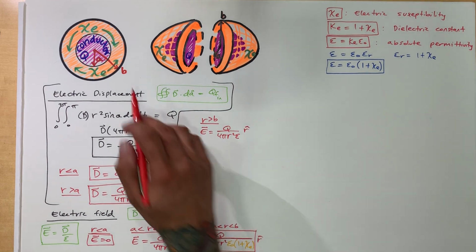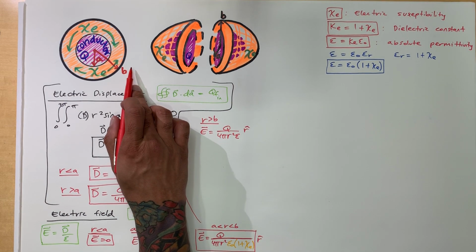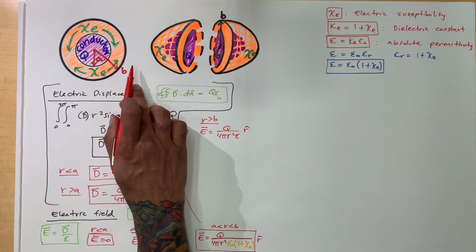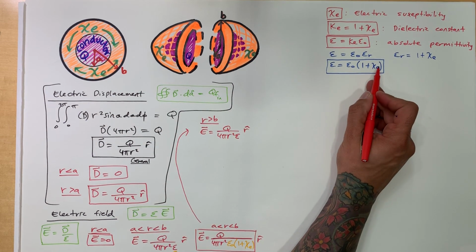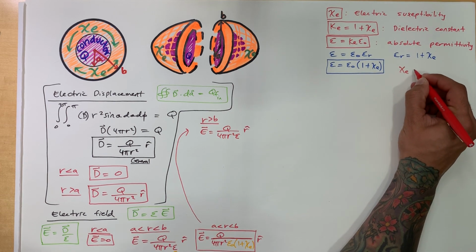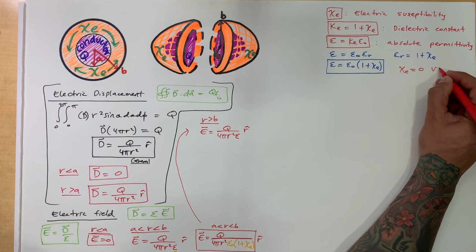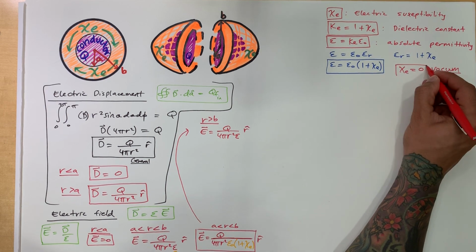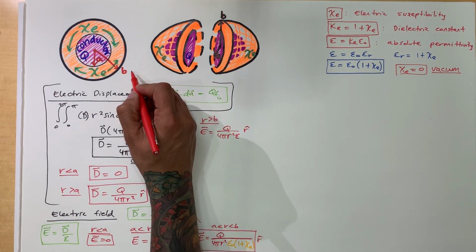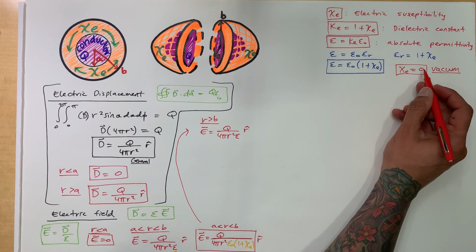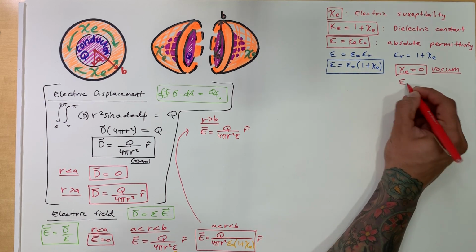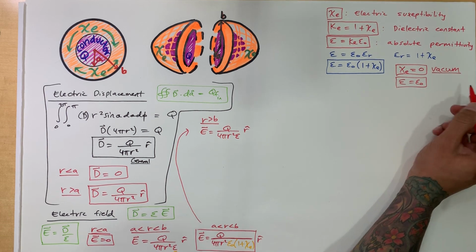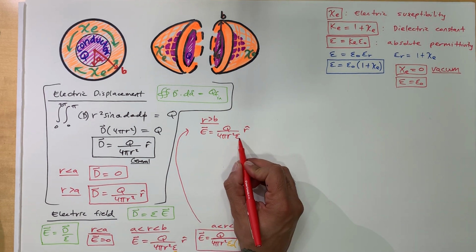So I'm all the way outside, and remember, when you're outside, chi is equal to 0. So chi E is equal to 0 in a vacuum, right, or outside of a dielectric. So all the way out here, chi is going to be 0, and so epsilon is going to equal epsilon naught. And so that's what we need to do here.